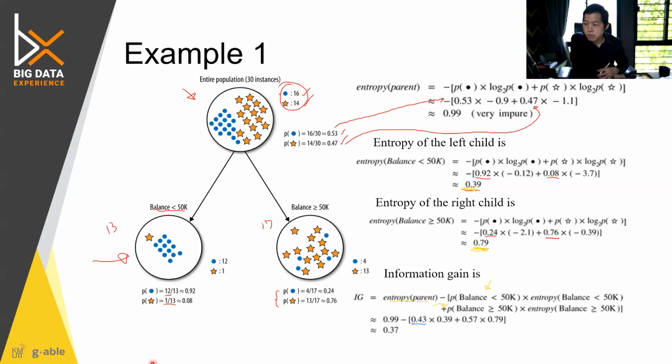How do we calculate 0.43 here? Anyone knowing this? Can you give me some idea? How does it come to 0.43? We can see that 0.39 comes from the entropy of the balance less than 50K. 0.79 comes from this.